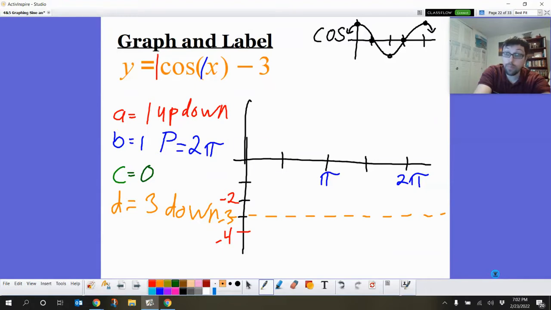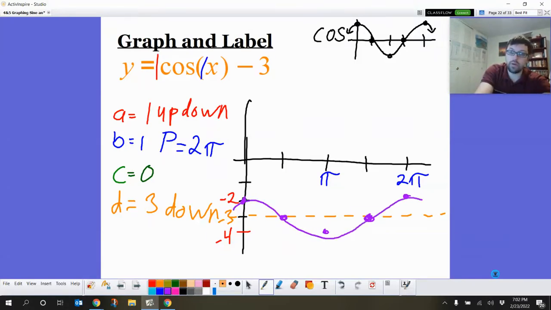Cosine starts up from my sinusoidal axis, so I want to start right above the sinusoidal axis. Not above the x-axis, above the sinusoidal axis. Why is that green? It's supposed to be purple. So up on the sinusoidal axis, below the sinusoidal axis, on the sinusoidal axis, and then above the sinusoidal axis.